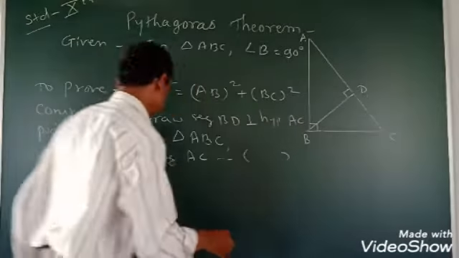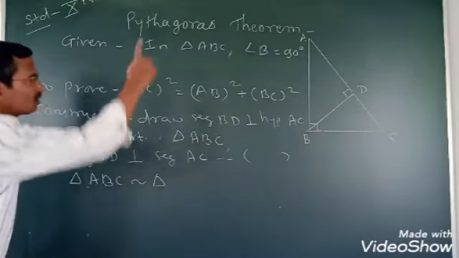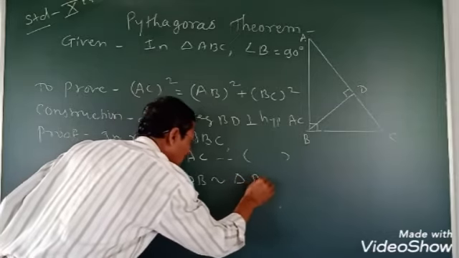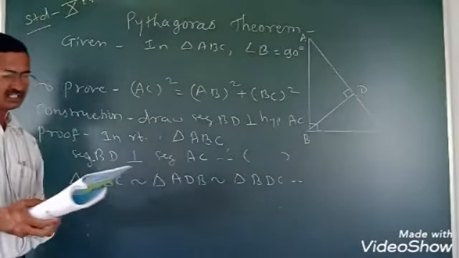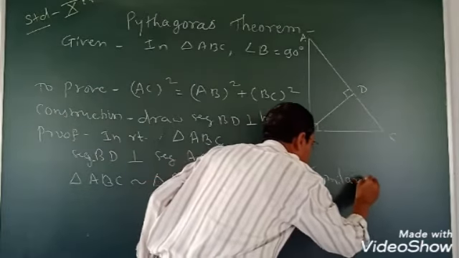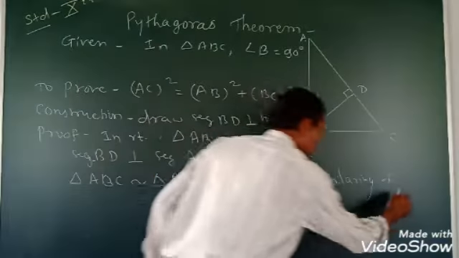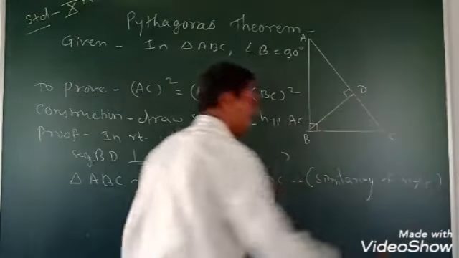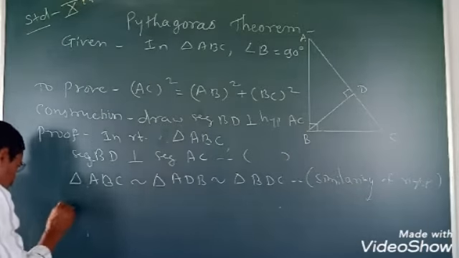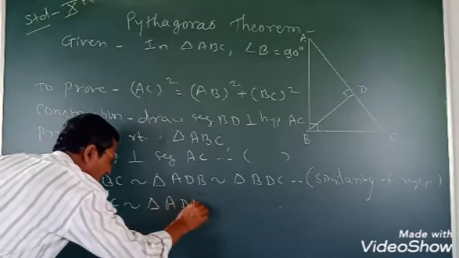Triangle ABC is similar to triangle ADB and also similar to triangle BDC. What is the theorem? We have already seen similarity of right angle triangles. We just give the reference here. Now therefore triangle ABC is similar to triangle ADB.